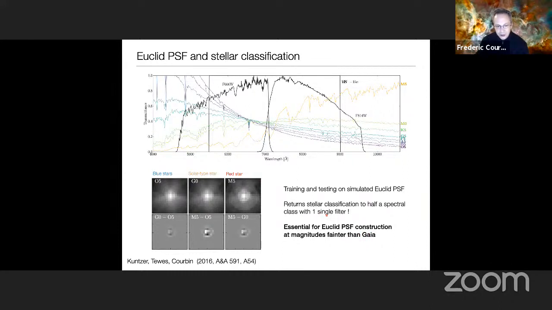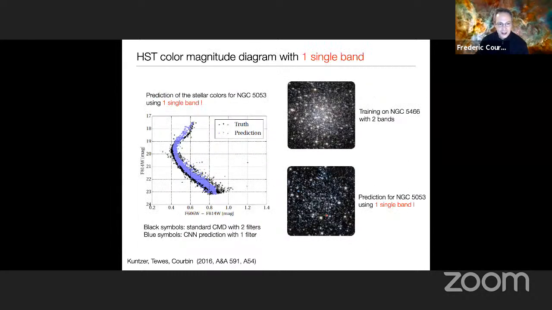So just to illustrate this classification, I show an example here. I don't know if you've seen a color magnitude diagram done in one filter, but that's one. To do this, we take HST images of an open cluster in two bands, and we train. So we make the actual color magnitude diagram in two bands, and then allocate a color to each star and each PSF shape.